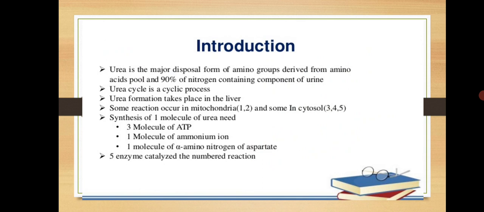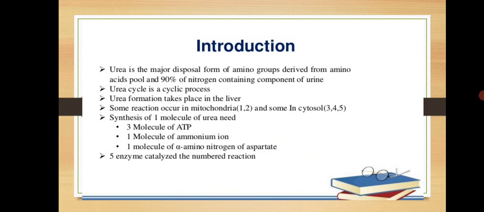So this cycle takes place in the liver, in compartments like the mitochondria and cytosol. Some reactions occur in the mitochondria, the first and second steps take place in the mitochondria, and the remaining steps take place in the cytosol.